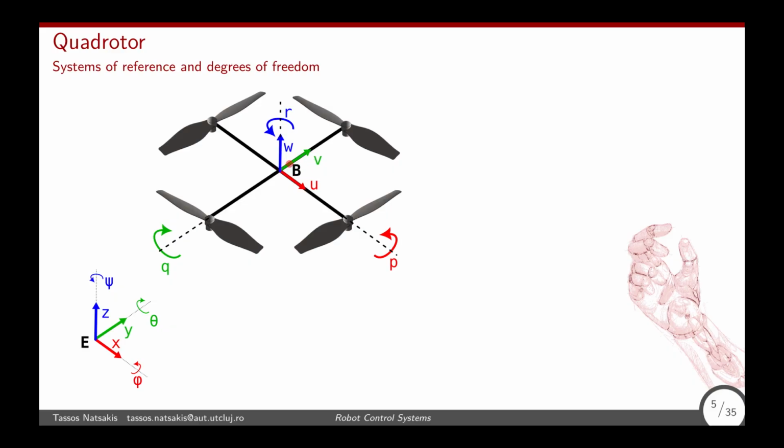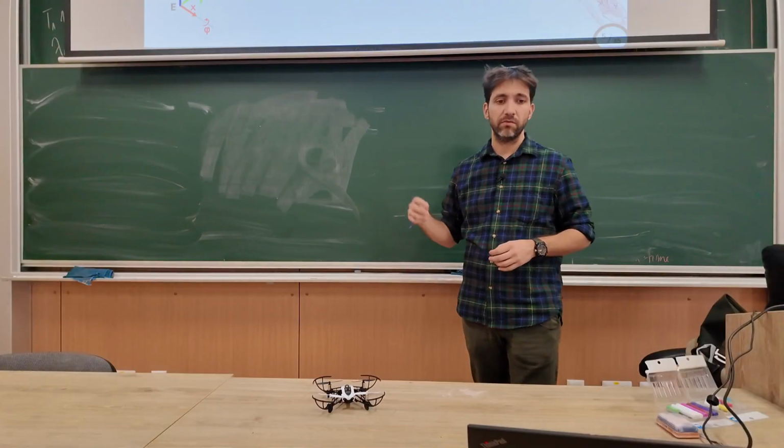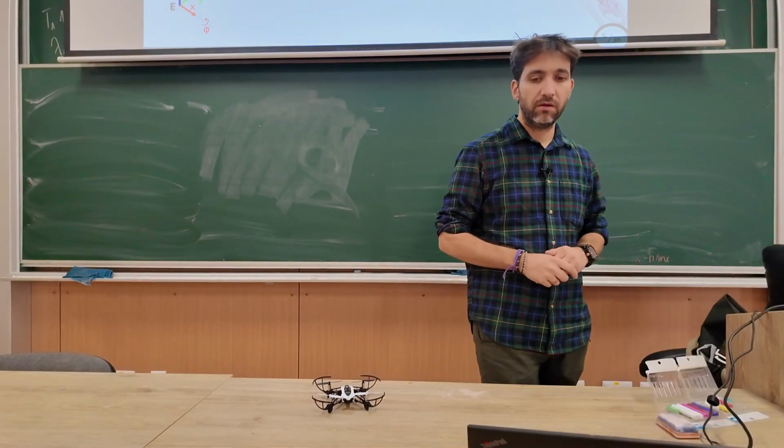Here we use different names for the axes so that we don't confuse them with these ones, and also we'll see that they represent something slightly different. So we have U, V, and W, and the three rotations are P, the rotation around the U axis, Q, the rotation around the V axis, and R, the rotation around W. Okay, so U, V, W, P, Q, R. All right.